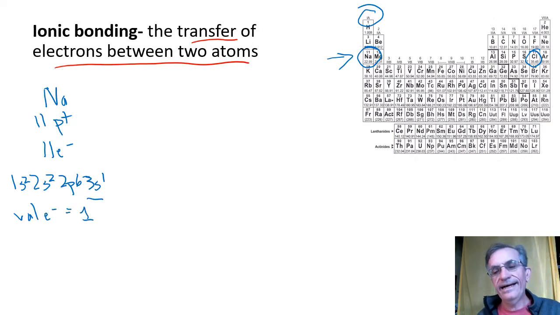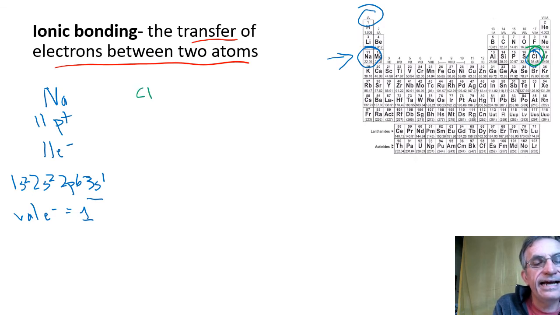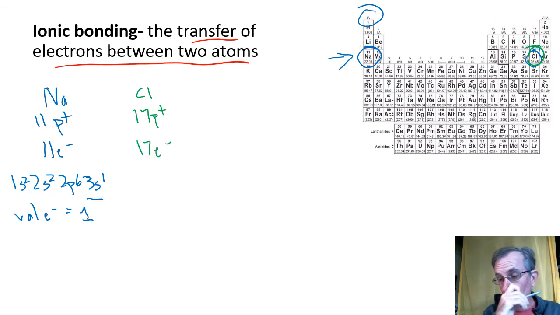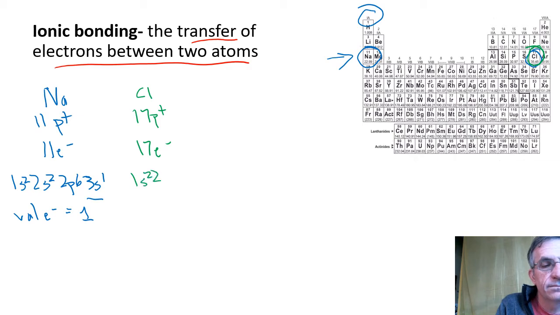All right, now let's imagine it next to a chlorine. Chlorine is element 17, so let's do the same thing for chlorine. Chlorine would have 17 protons, and a chlorine atom would have 17 electrons. To think about where those 17 electrons are, we could write out the electron configuration. Oop, that's wrong there.